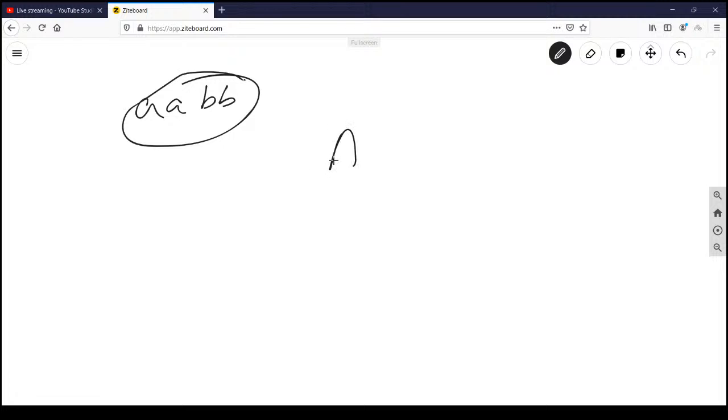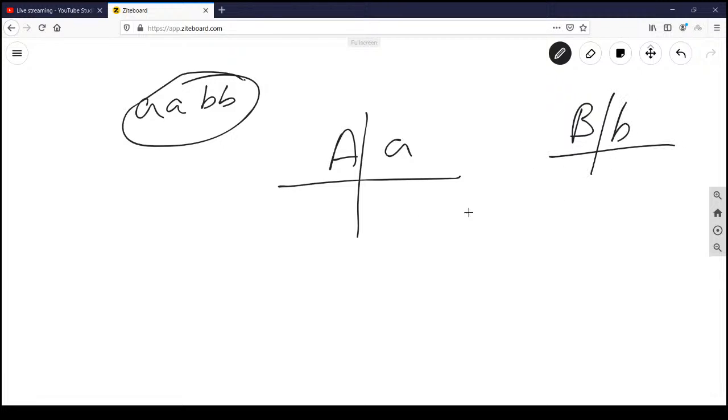Whatever, if it is AA, or if it is BB, if you get 50%, and you can do two monohybrid crosses again.